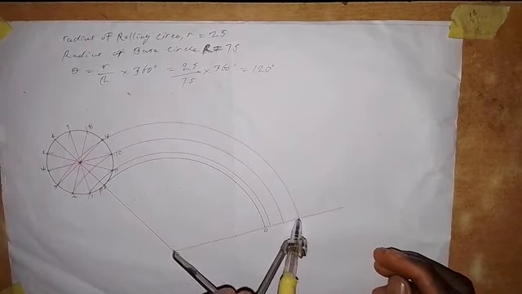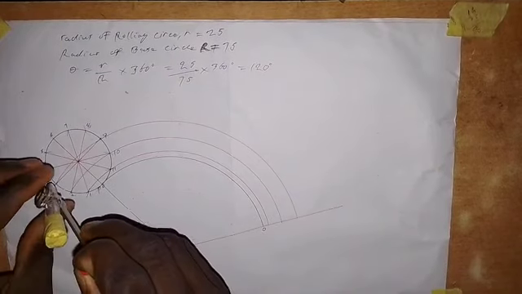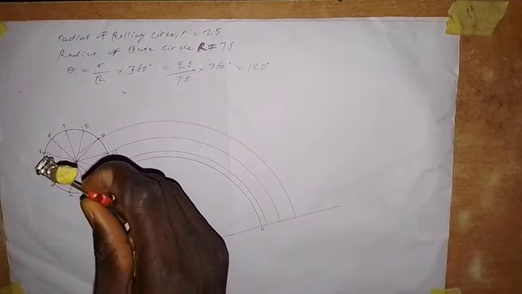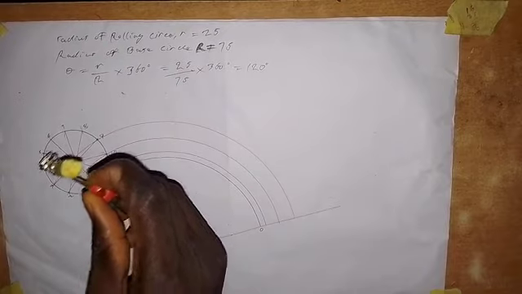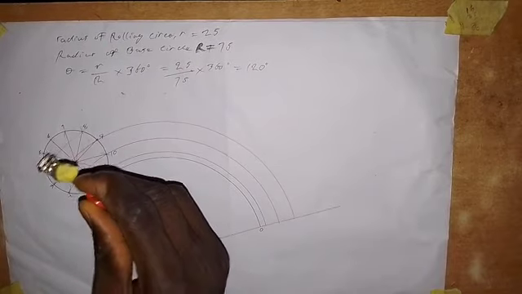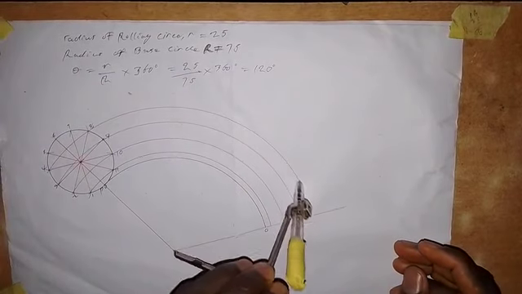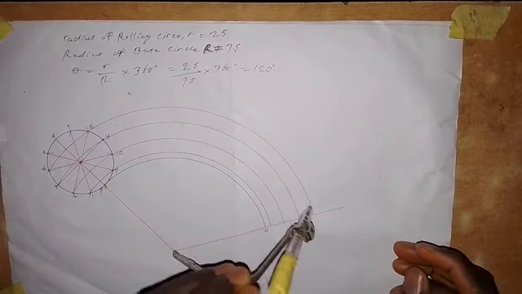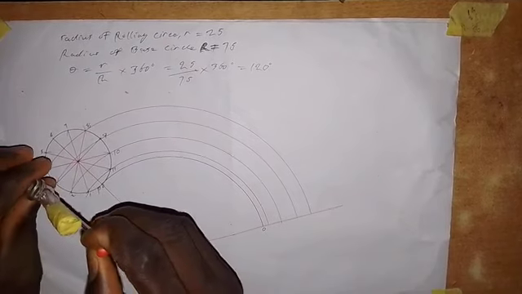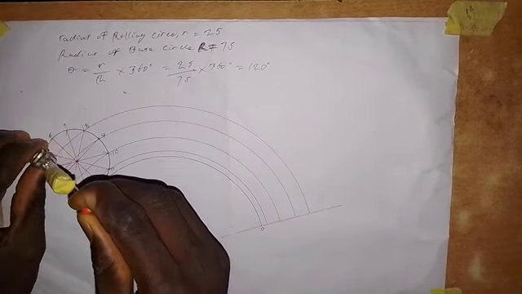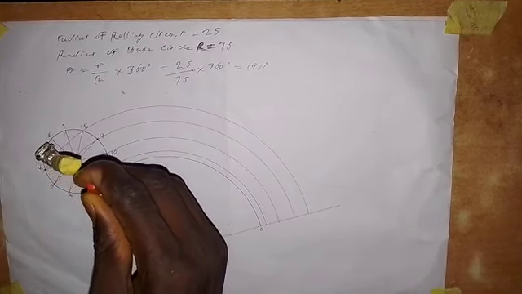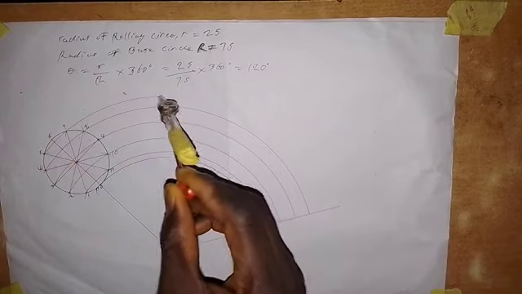Okay, then we extend to point 4. So 4 and 8 are together. So we draw an arc like this. Then 5 and 7 are together. So we extend to 5 and we draw an arc from here.